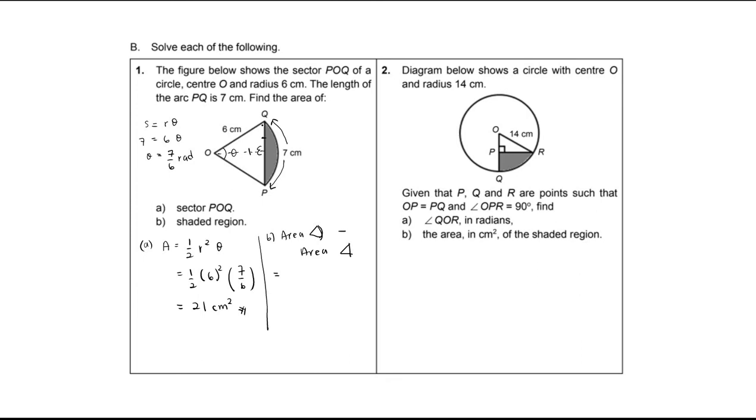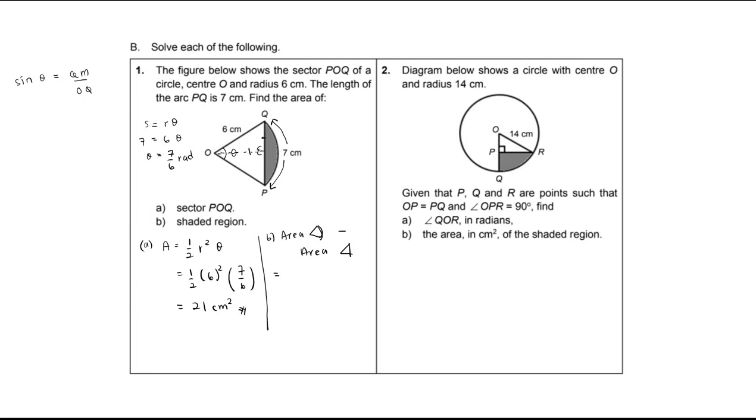So we want to find QM. Here we can use sine. Sin theta equals QM over OQ. And the theta here is 7 over 6.